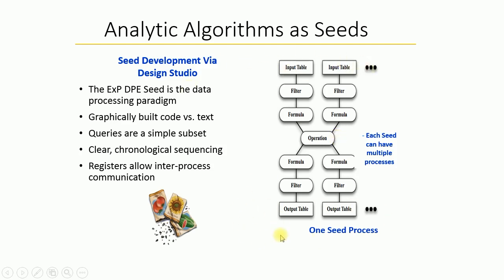You can have any number of output tables going out. Each of the output tables can have their own filter. And each output column can have a formula that modifies the output of those columns. And of course, you can have calculated columns and so on. So these processes then fit together, one after another, to form a program, or what we call a seed.